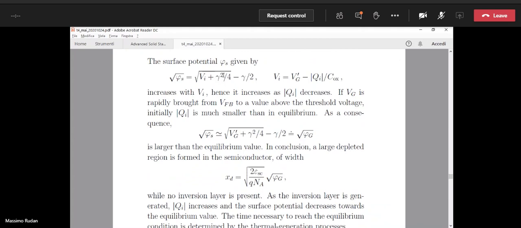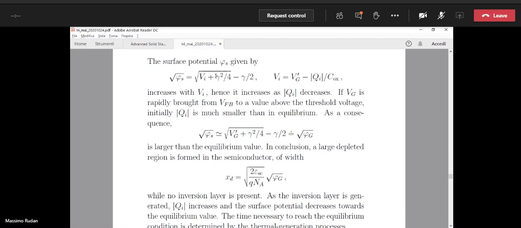As usual, this relation alone is insufficient because there are essentially two unknowns. One is Qi and the other one is phi s. So in order to find independently phi s and then from it to calculate Qi, we must consider the general relations, those that are much more complicated for the MOS structure that we found by integrating the Poisson equation, okay? But for the moment, we are happy with this.